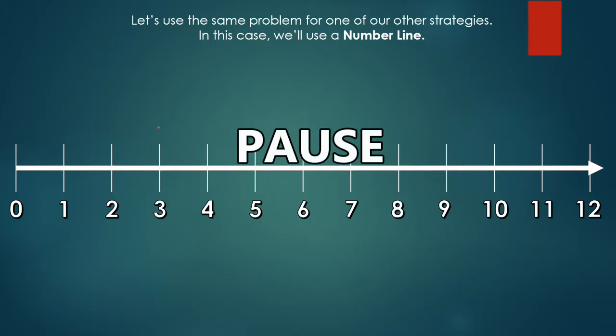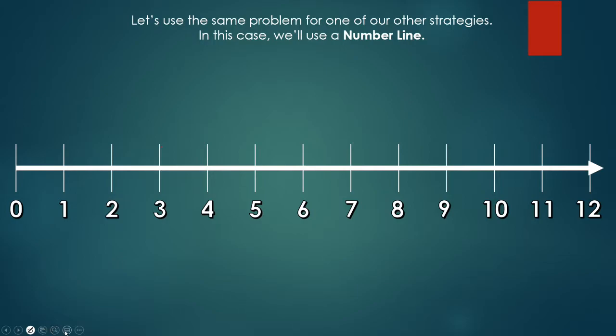Okay, are you ready? So let's move on. As you can see, our first journey is going to be from 0 to 3. We're going to be jumping 3 spaces 4 times. 3 times 4. So 0 to 3, and go.